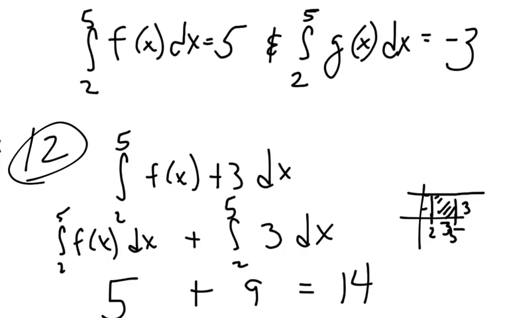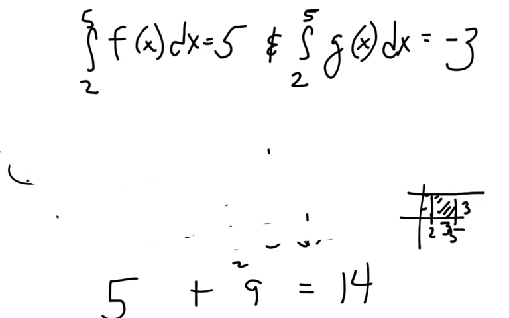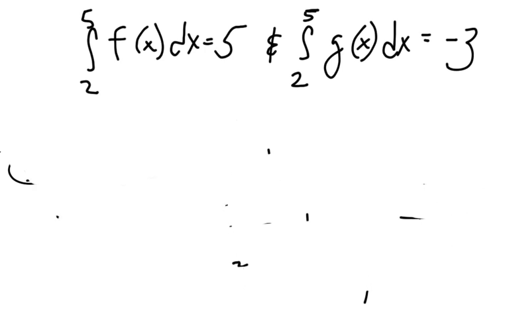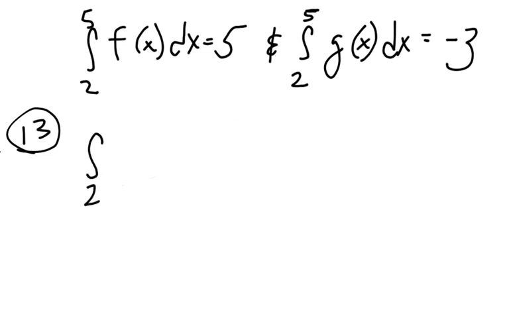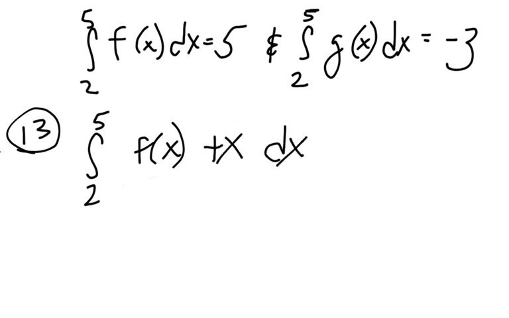Example 13. Wait. I'm going to erase this because it uses the same starting information. 13 is the integral from 2 to 5 of f of x plus x dx. So, again, this can be split into two separate integral problems.